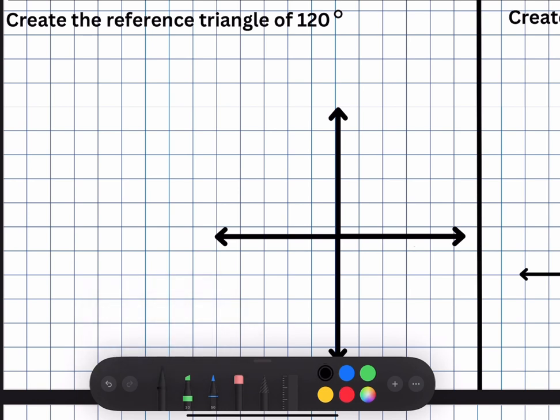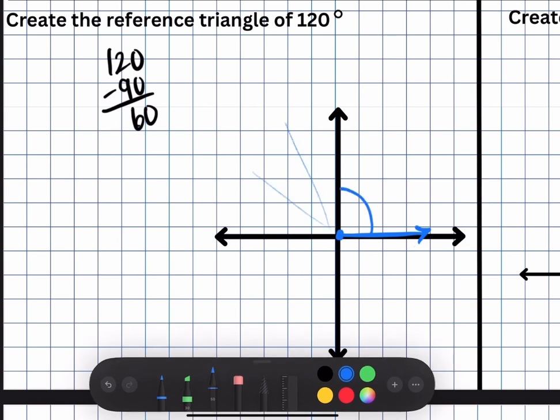Okay, so we're going to be creating the reference triangle of 120 degrees. So I start by graphing 120 degrees, which would be 90 degrees, and then an additional 30 degrees. Okay, and this here should say 30 degrees. So there is my terminal side, and then to create the reference triangle, I'm going to connect this terminal side to the x-axis, and it creates a triangle with the x-axis.